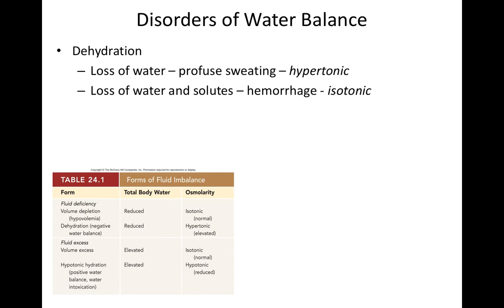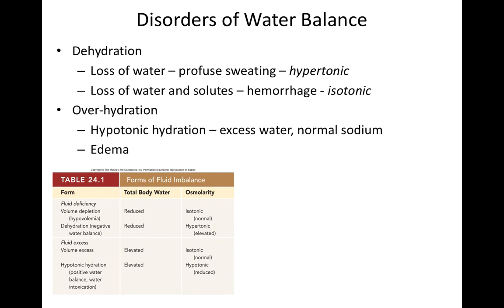We don't need more sodium. Whereas if we're hemorrhaging and losing our water and solutes at the same time, the release of aldosterone is going to draw back in water and solutes. So in reality, usually they do work together, but here's an example of where one would be the primary versus the other due to its actual course of action.